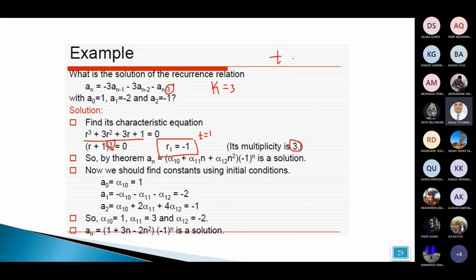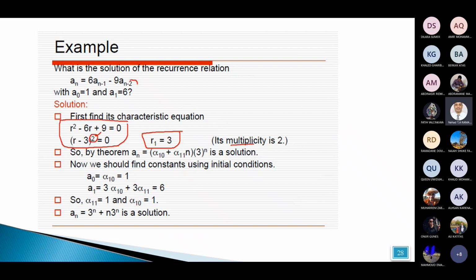When you have t less than k, you will apply the second theorem, not the first theorem. Here, if you look, we have k as 2, and here one term, so t equals 1. So also we have t less than k.